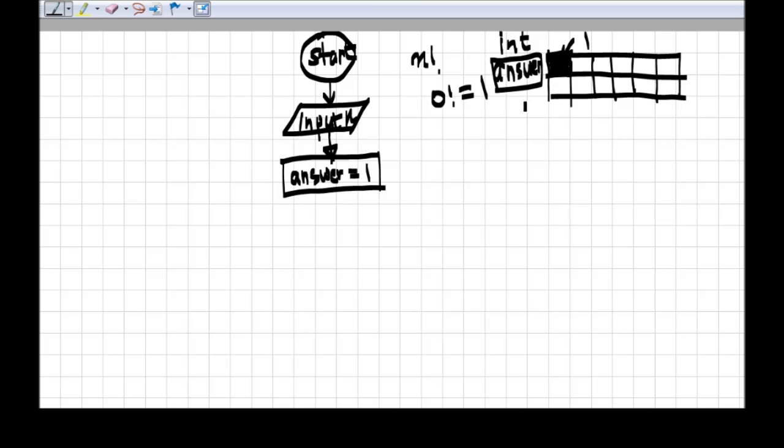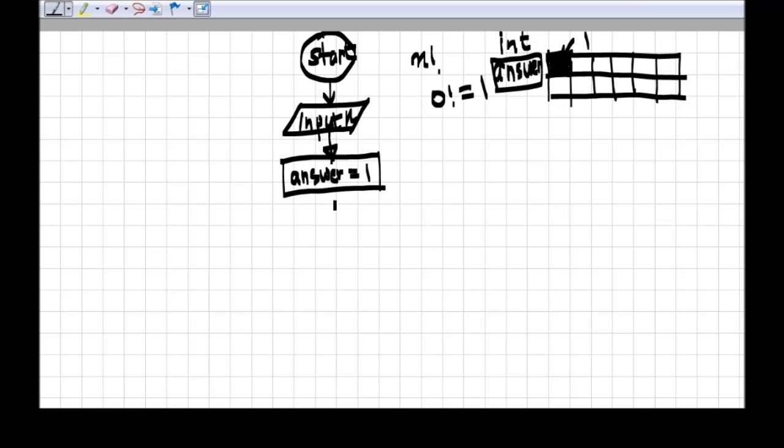So that way I can keep track of answer. I can make it bigger, I can make it smaller. As long as I use answer, I can change the value in this box. Okay, so I have established the answer variable and initialized it to 1.